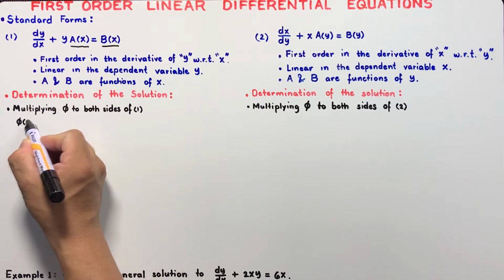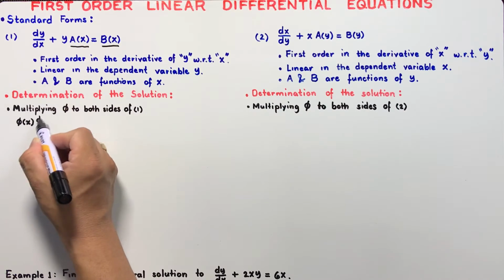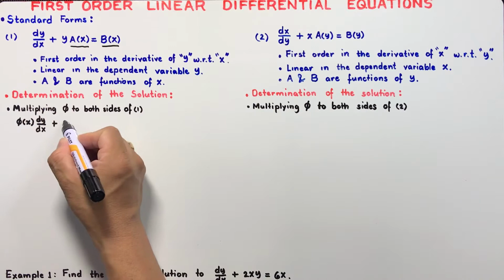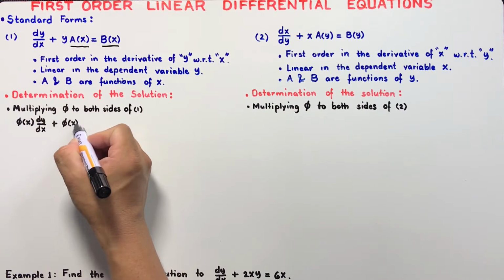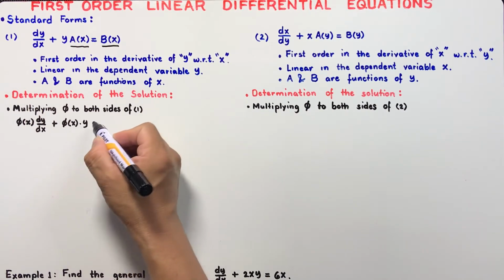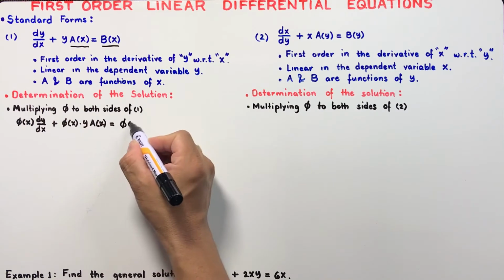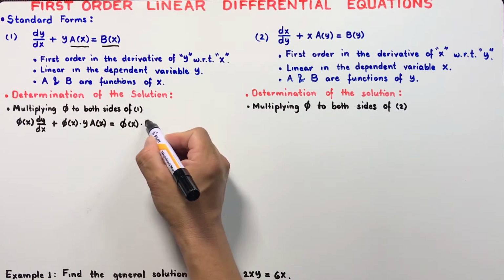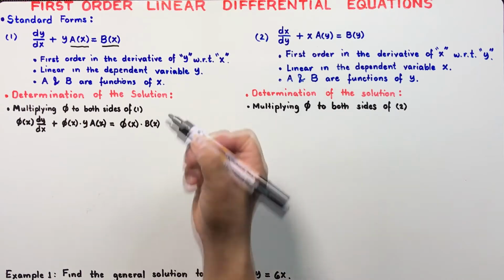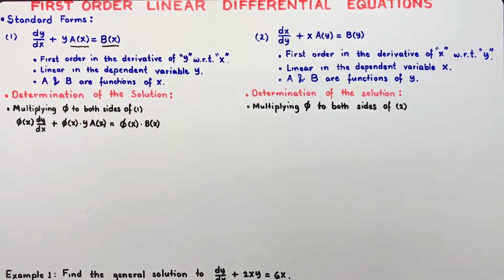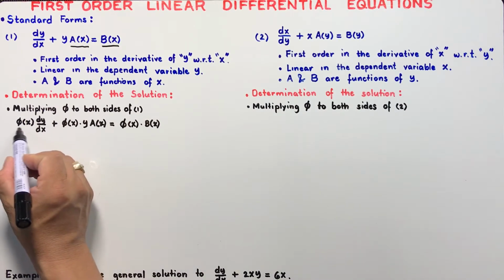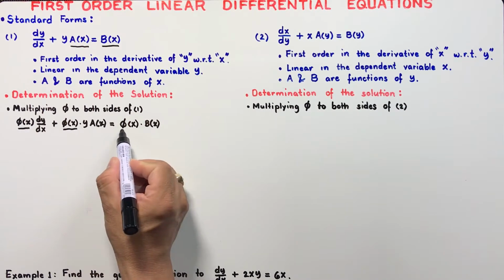So phi of x times dy/dx plus phi of x times y times a of x is equal to phi of x times b of x. As you can see here, we are multiplying each term in this equation by our integrating factor phi of x.